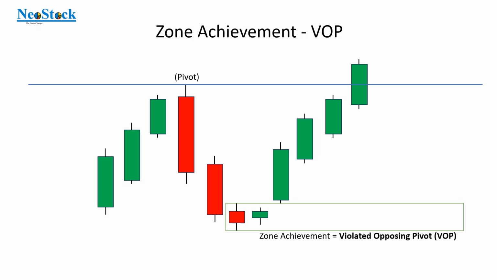When we have both these possibilities, how can we trust this zone? It got an achievement, good, well, but this achievement happened only for breaking this pivot, which was participated in by either retail investors or institutions.